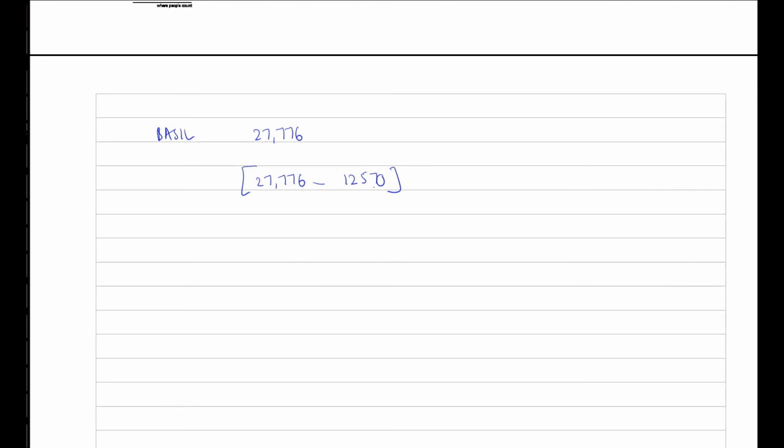So I'm going to compare Basil's profit with the national insurance free bit, to find out how much of Basil's profit is actually going to be subject to national insurance. It's 9% in that first band, and it did say, I think here, to have an answer to the nearest penny. So that means 2 decimal places, pounds and pence. So that's my answer for Basil.